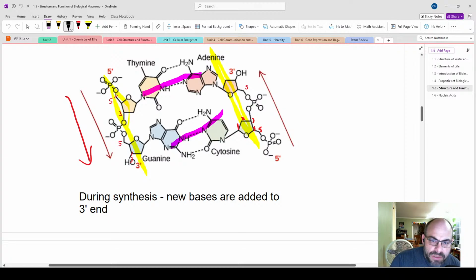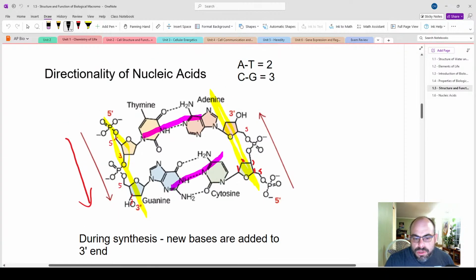Sometimes the nitrogenous base will have 1 ring, sometimes it'll have 2, depending on which one it is. We didn't really talk about that because it's not important for this particular unit. And so nucleotides always have nitrogen, and they also have phosphorus. That is the thing that they're always going to have because of that phosphate. No other macromolecule has phosphate.